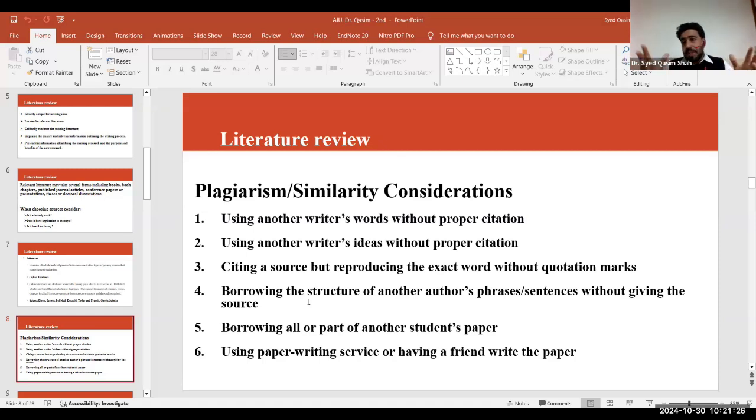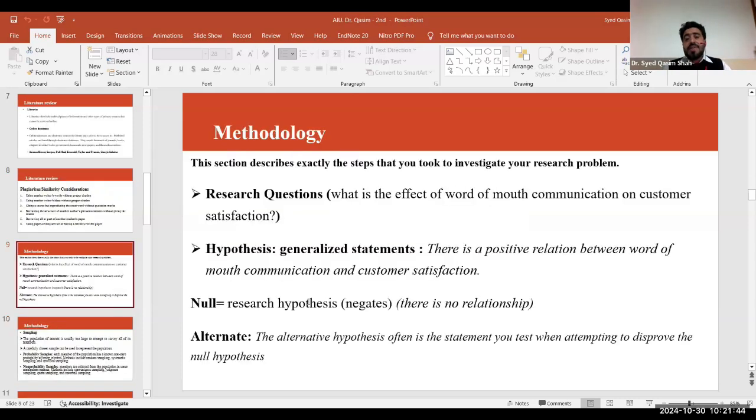And the most common practice is using paper writing services, or having a friend write the paper. Since plagiarism falls under the ethical dimension, ethically, if we claim this is my work, it must be done by us. So this is all about our first topic, that is literature review. Now we are moving to the next topic, which is again an important one, the methodology of the study.